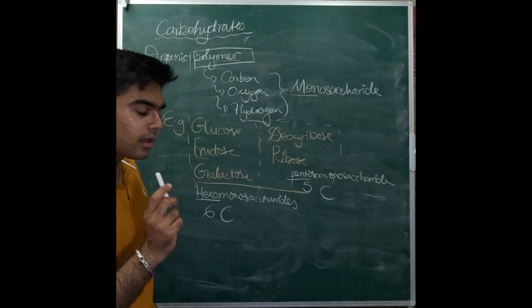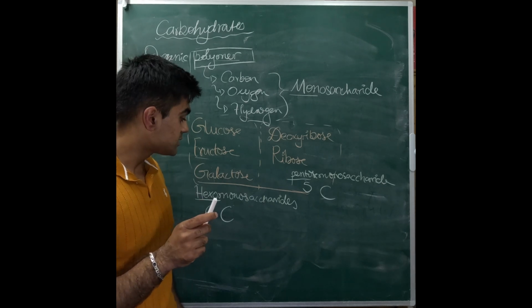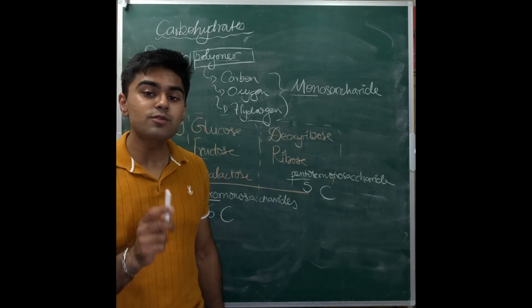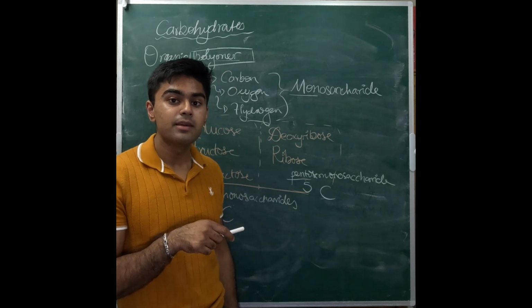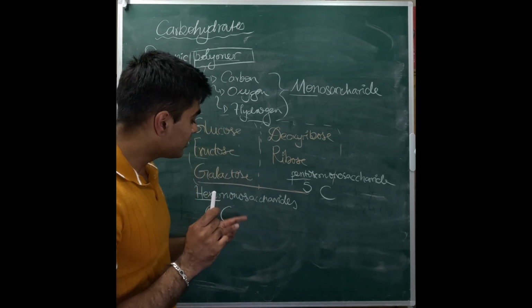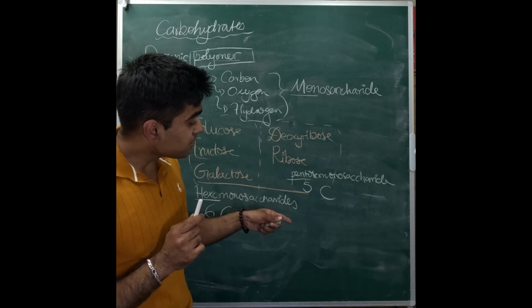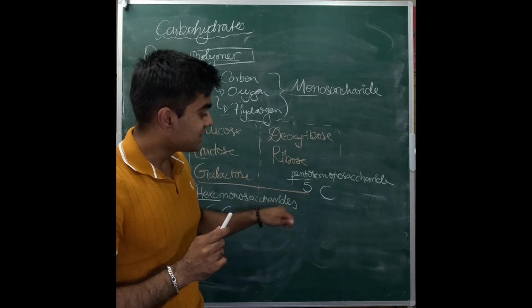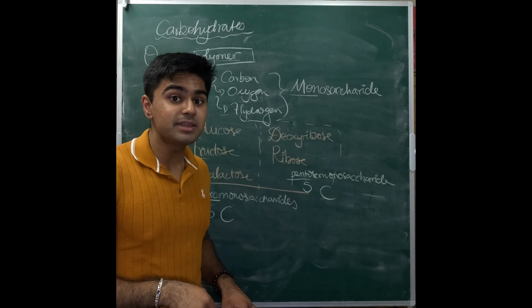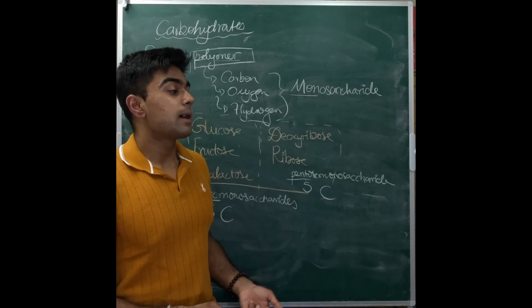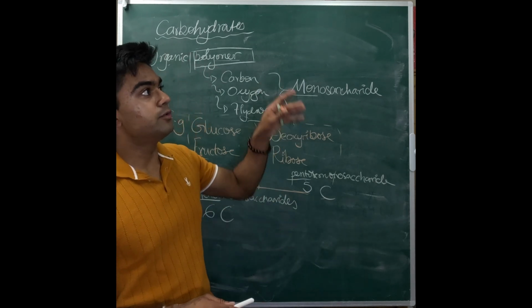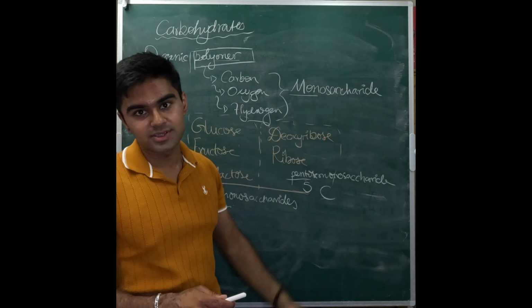Now, be very aware of this, that these 6 carbon atoms don't necessarily have to be in the ring. And when we draw glucose out, you'll realize what I mean. And the same goes with pentose monosaccharides. The 5 carbons don't have to be in the ring. They can be, for example, a group that's being attached to the carbons in the ring.